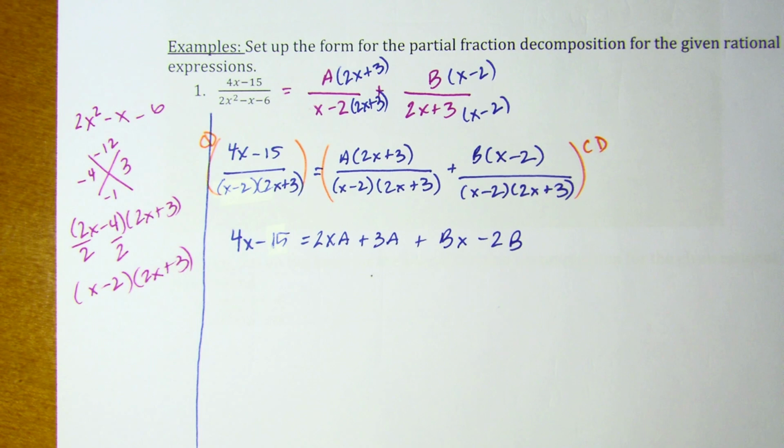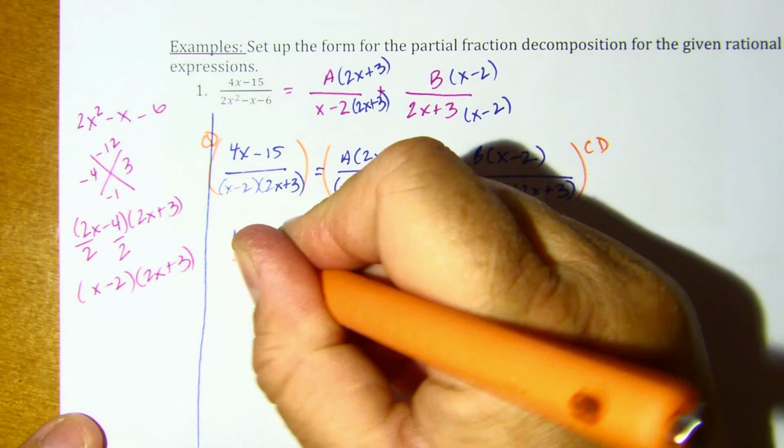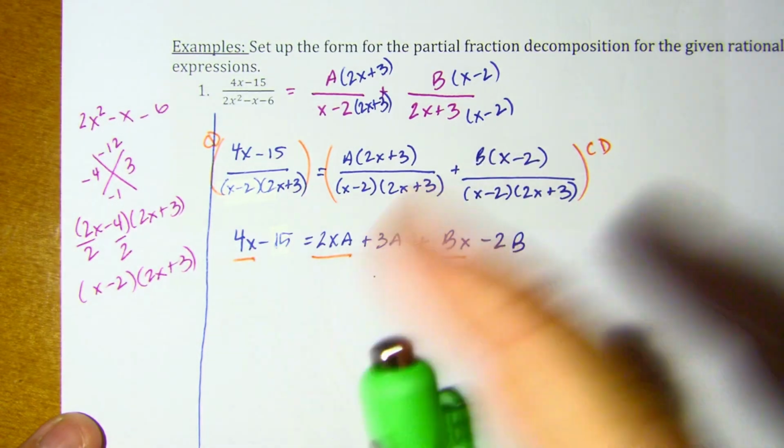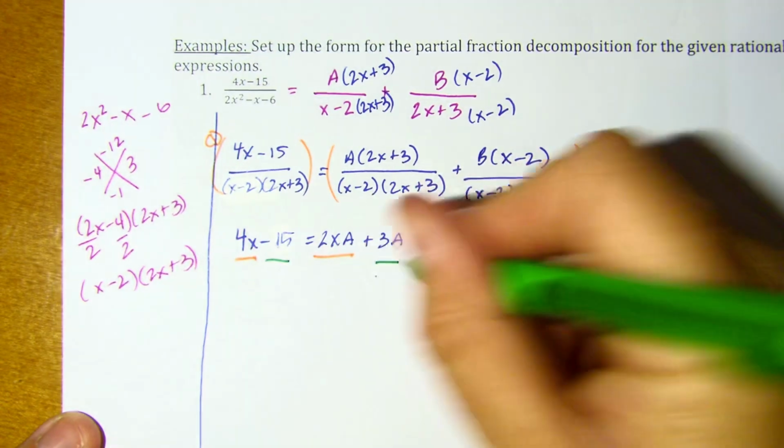And what we're going to do here is we're going to group the terms with x's, and we're going to group the terms without x's. So here I have an x, an x, and an x. Here I have just a constant, and a constant.